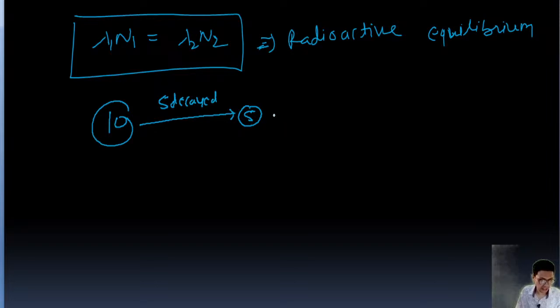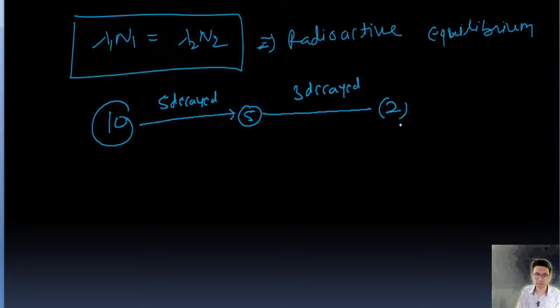Then of these, 3 got decayed, then 2 will remain. So here 5 decayed and 5 remained, and here 3 decayed and 2 remained.